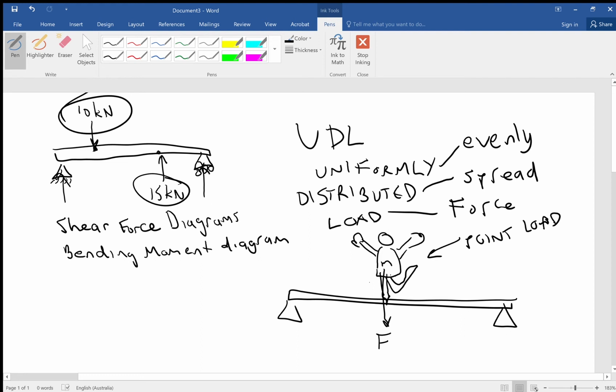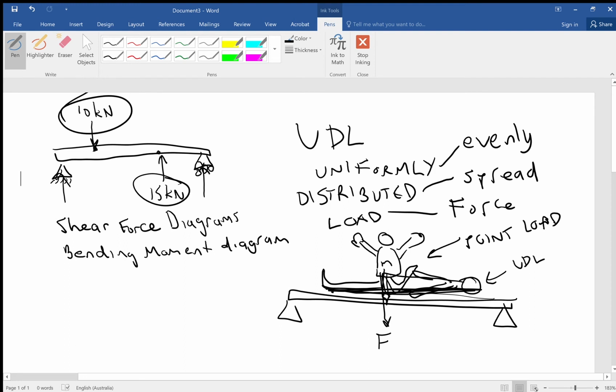If you want to use the same analogy, if this same person were to lie down on our beam and spread his weight evenly over the surface of the beam, he would become a UDL, or a uniformly distributed load.